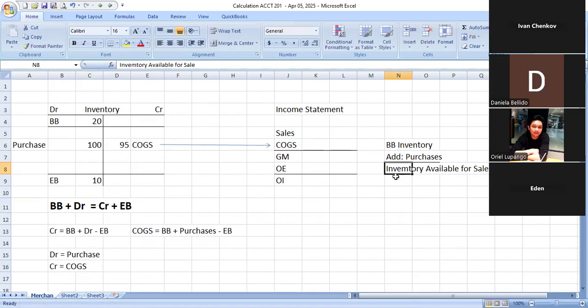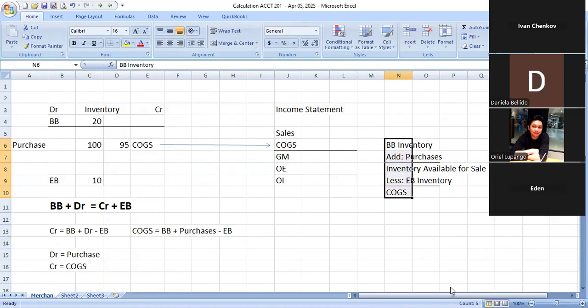And the last piece that's left, when we deduct the ending balance of the inventory account from this inventory available for sale, it's going to give us cost of goods sold.